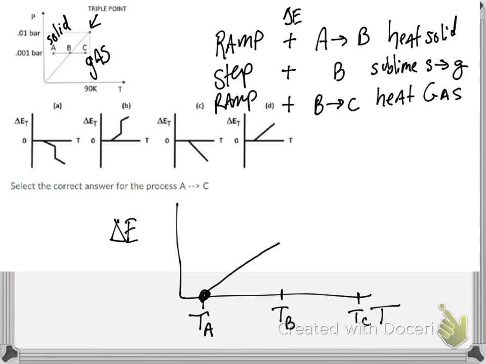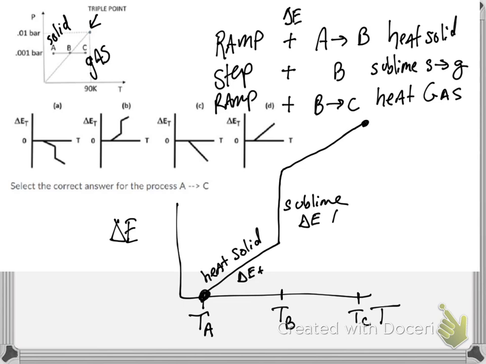We expect to see a ramp, a step, and then a ramp. That is what we would see from A to C, and that corresponds to answer B. First, we're heating the solid, delta E is positive. Then we sublime at a given temperature, so that's a step up with delta E positive. And then we heat the gas, which is a ramp of delta E positive. Answer B.